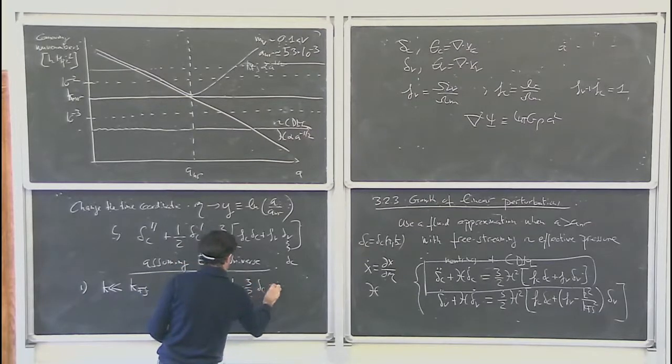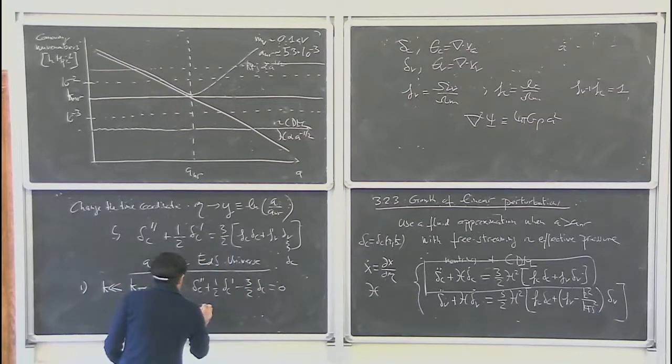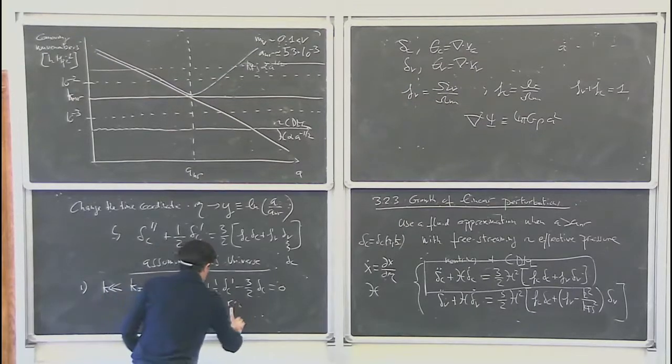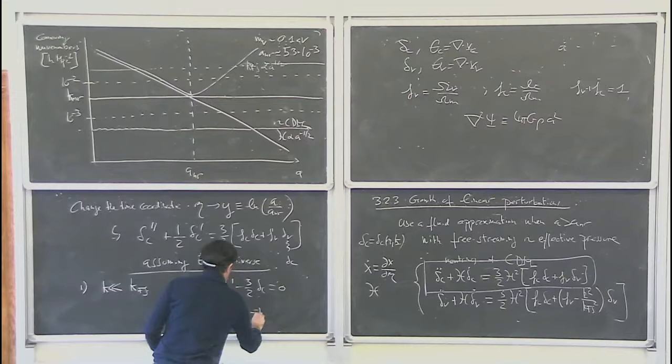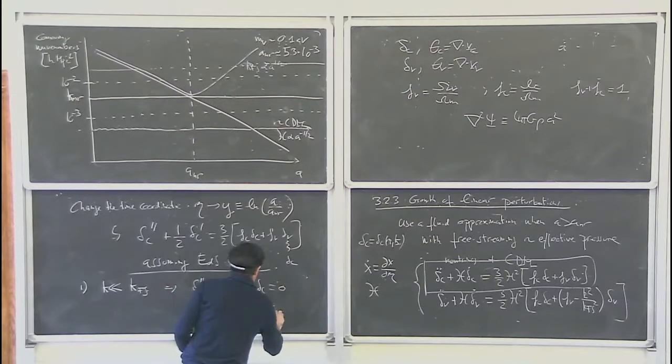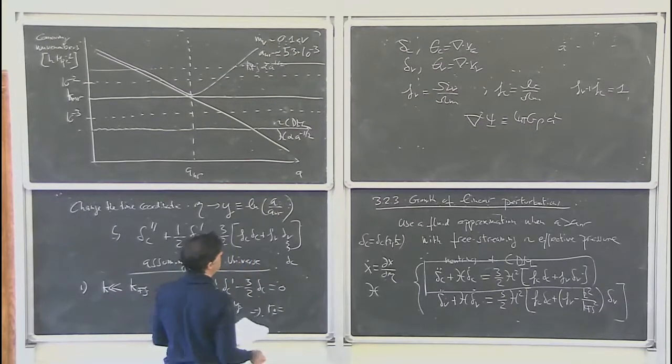the following equation, and then you try a solution of the form e to the ry, and you will find an equation for r, which gives you two solutions.